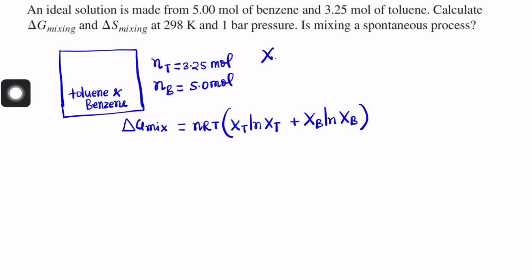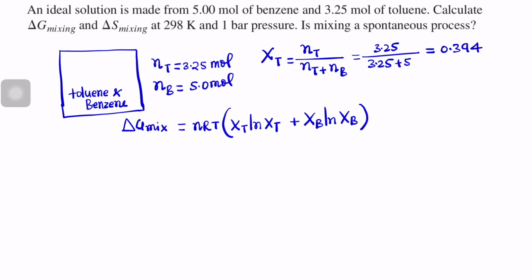Mole fraction of toluene will be equal to moles of toluene divided by moles of toluene plus moles of benzene, that is 3.25 divided by 3.25 plus 5, which gives around 0.394.